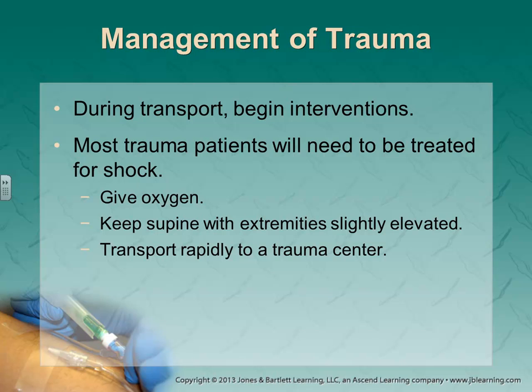So if we're in a traumatic shock, we need to get what to the tissues? Oxygen. Oxygen. So very important is oxygen, supplemental oxygen, and rapid transport.